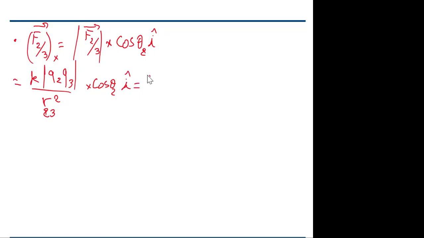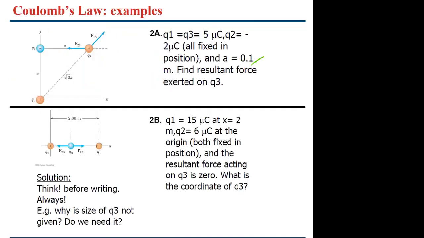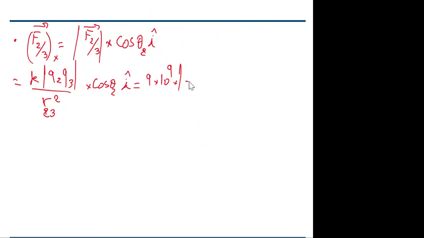It will be 9 times 10 power 9 multiplied by the absolute value of q2, which is negative 2 microcoulomb, that means 10 power -6, multiplied by 5 times 10 power -6, divided by the distance between them, which is 0.1 squared. And don't forget the cosine of theta.